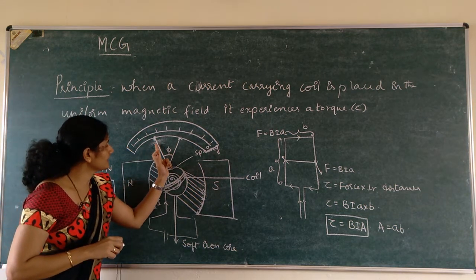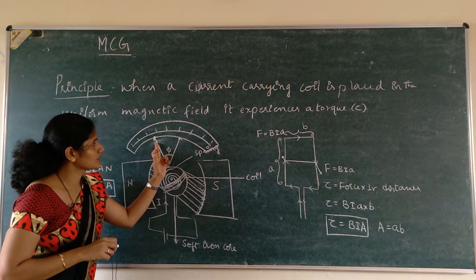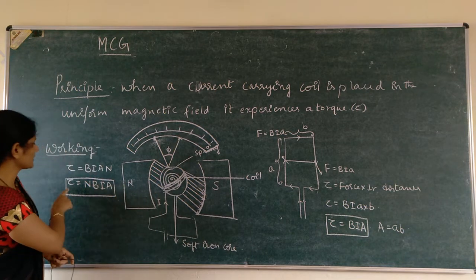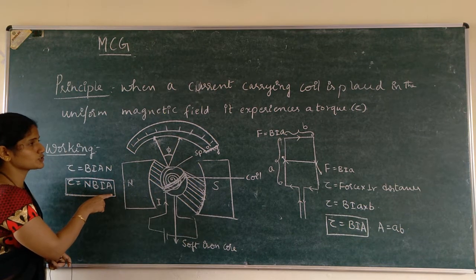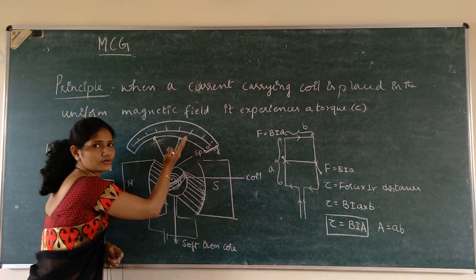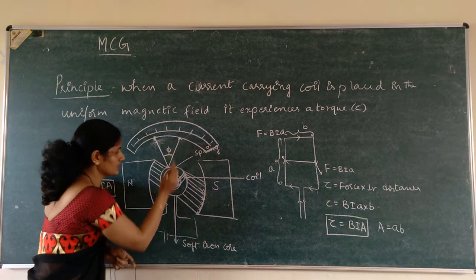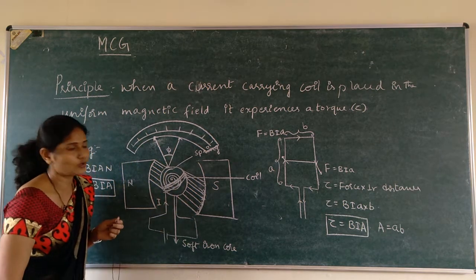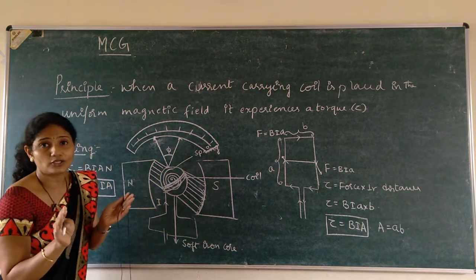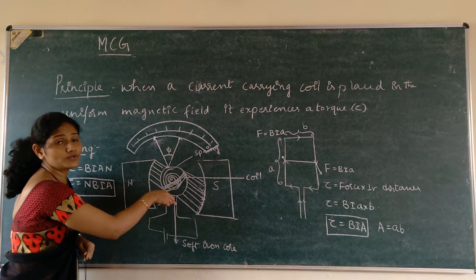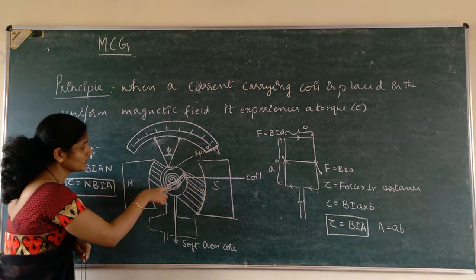When the pointer shows deflection due to the torque, tau is equal to NBIA, the pointer will move, okay. When it comes here, the spring will provide a counter torque in order to have a steady angular deflection. Now, let us see what is the expression for counter torque which is given by the spring.